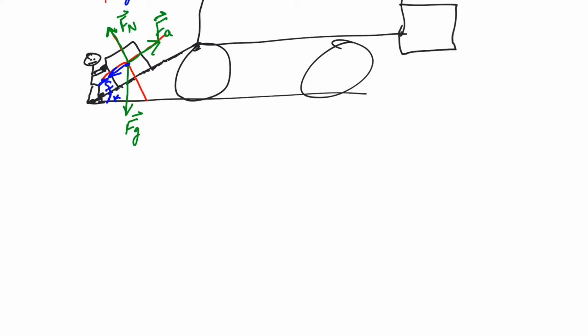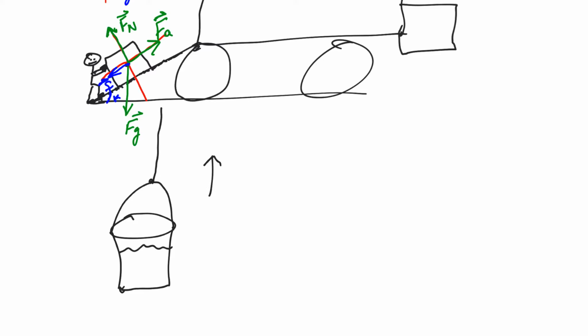Let's say we've got a bucket of water, and say there's a string attached to that bucket of water. And let's say that the string is pulling the bucket up at a constant velocity.